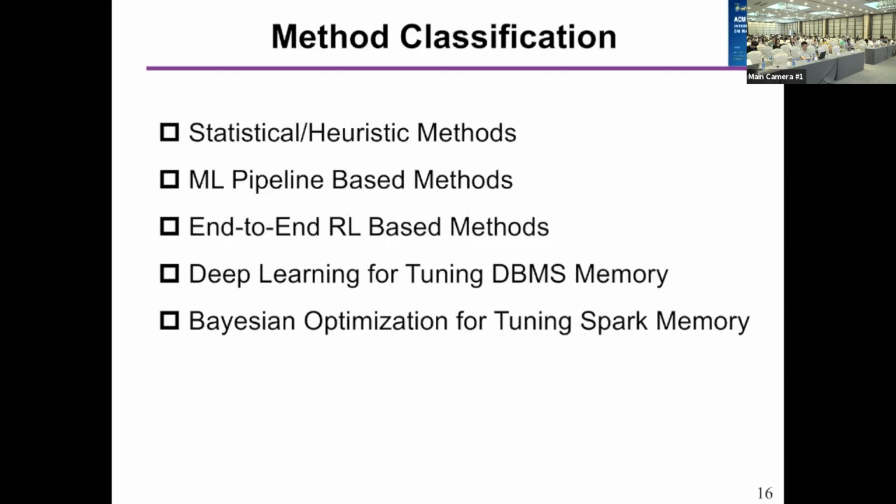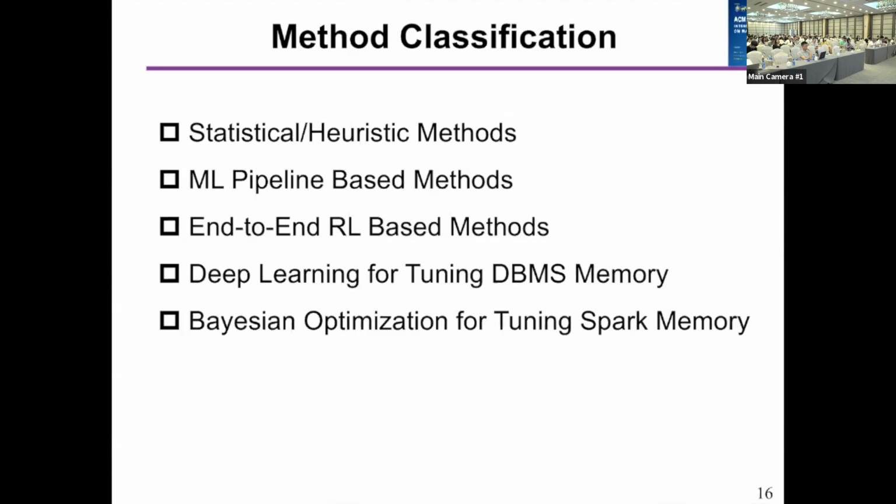The second one is the machine learning pipeline-based method. They first categorize the workloads and identify the most important knobs, and then use machine learning techniques to tune the knobs. And the third one is the untrained reinforcement learning-based method. Given a database, they run some workload on the database and then tune the database based on the workload running and some metrics reported from the database.